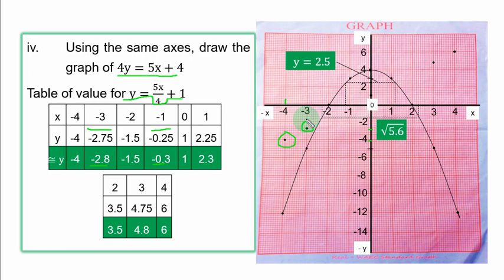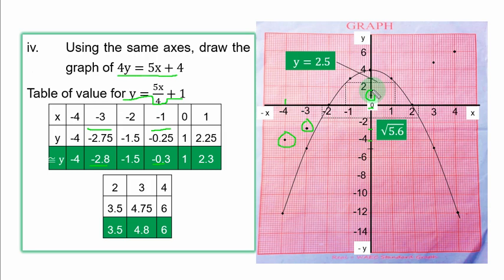I actually skip some values anyway. That is allowed. When s is minus 1, that value is not there. Then when s is 0, y is 1. So when s is 0 here, you have 1 directly on the y-axis.